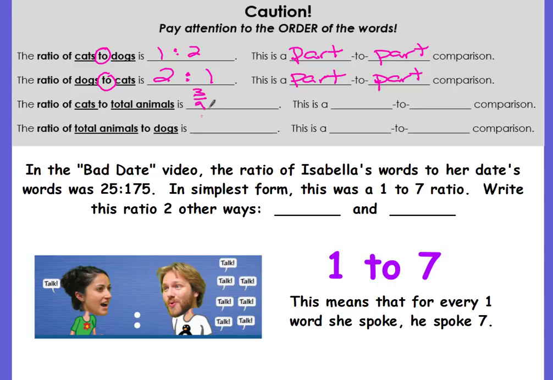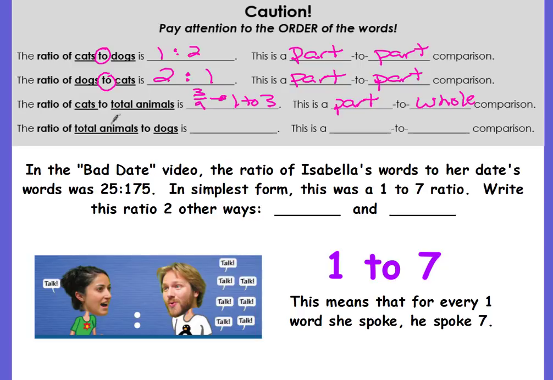But be careful because this is not simplified. So we need to go ahead and simplify it. Divide it by 3 and you get a 1 to 3 ratio. This is what we call a part to whole comparison. We're comparing a part of the group, the cats, to the whole group, to all the animals.